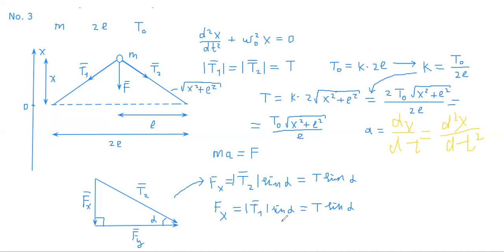And so we have that F is equal to Fx, and this is equal to 2T sinus alpha. Okay, so do you have any questions?